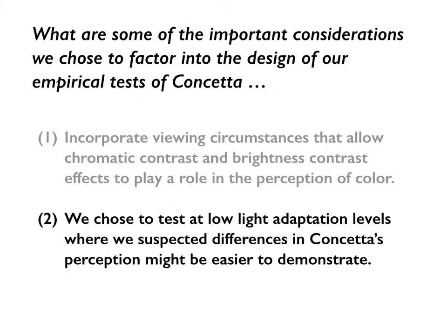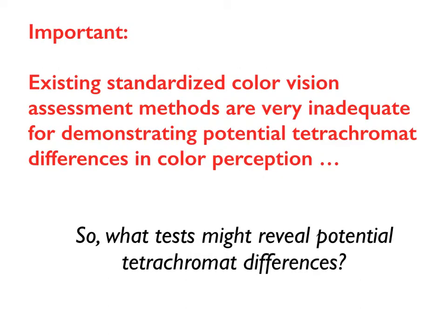A second factor that we chose to include in the design of our empirical test for Concetta involved using low light adaptation levels where we suspected differences in Concetta's perception might be easier to demonstrate. The reason for all the discussion about the tests to use to show Concetta's potential tetrachromatic difference is that most of the off-the-shelf types of tests that are out there are very inadequate for demonstrating potential tetrachromacy differences in color perception.